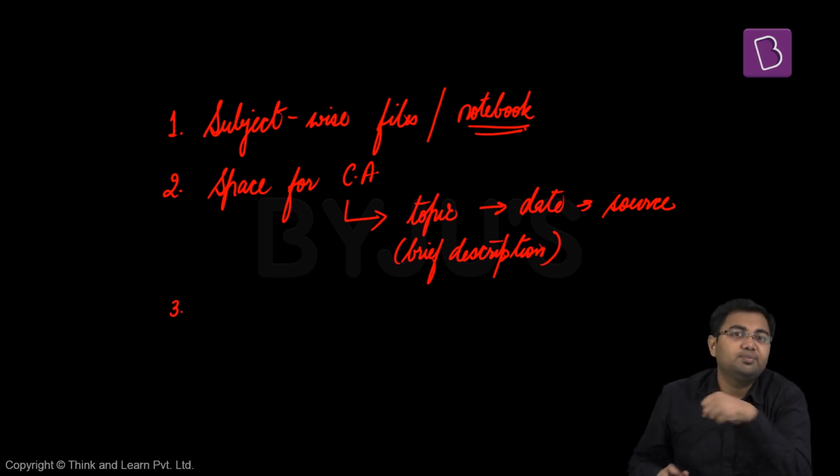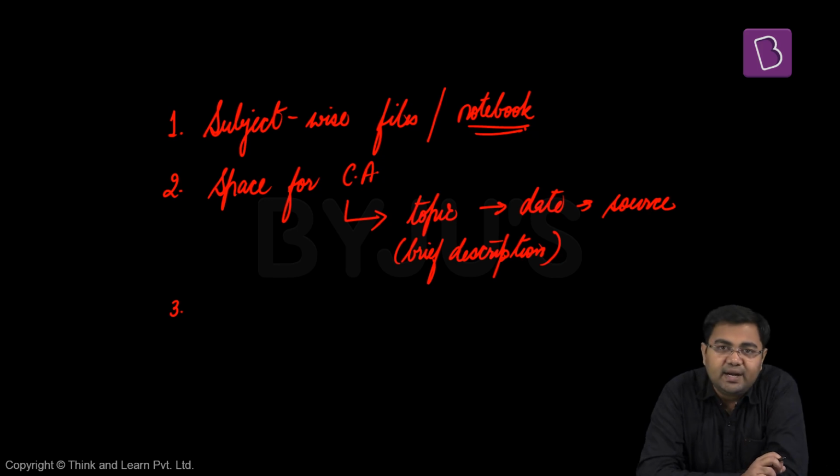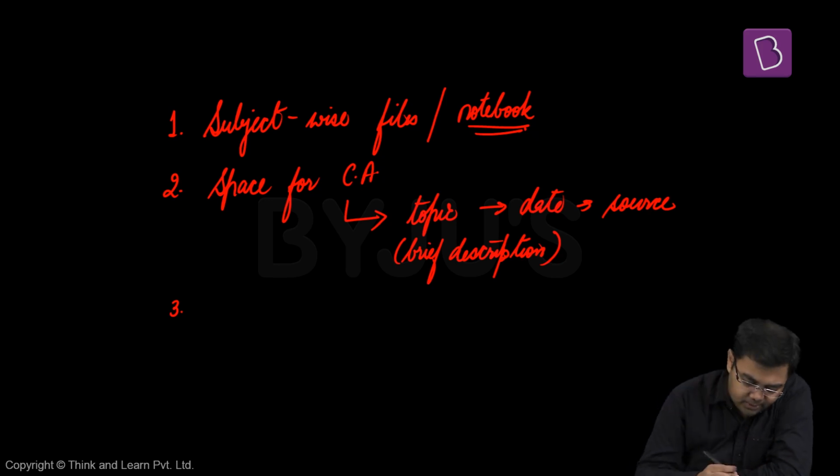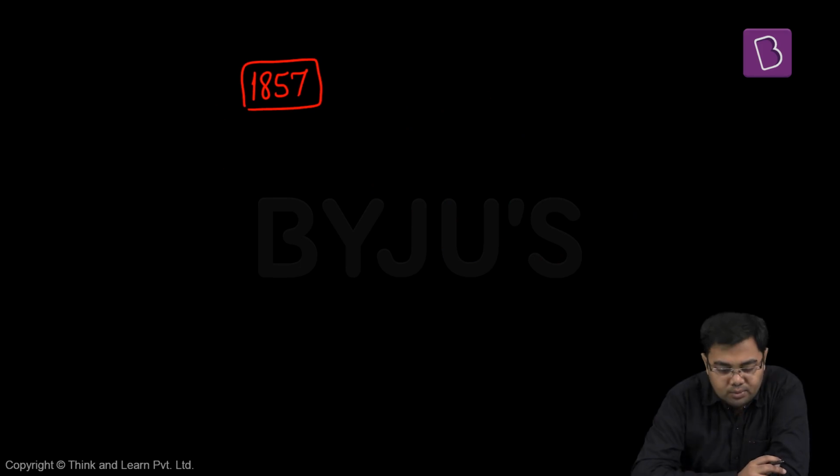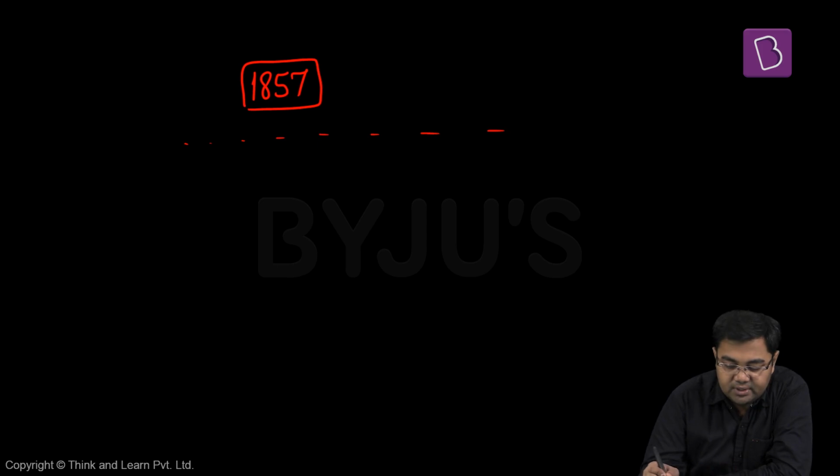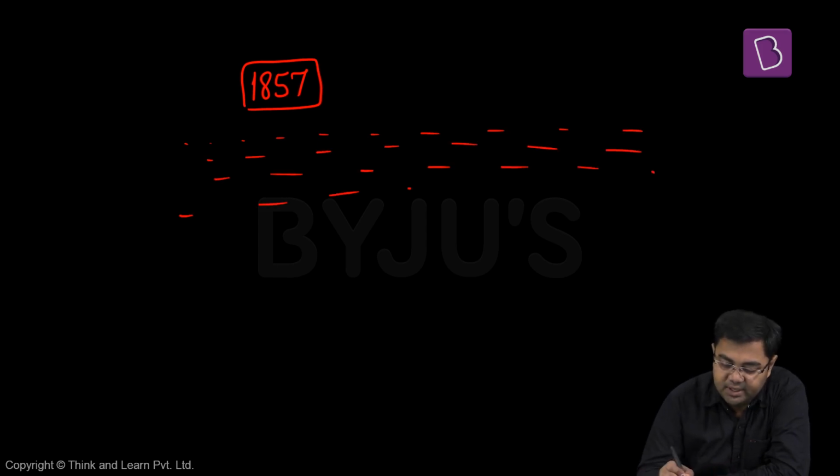So for that very purpose, what is also important is that you make notes which are very clean. For example, let's say you are making notes on the revolt of 1857. So the wrong way to do it would be that you start writing about the revolt of 1857 line by line, each and everything that is being explained.